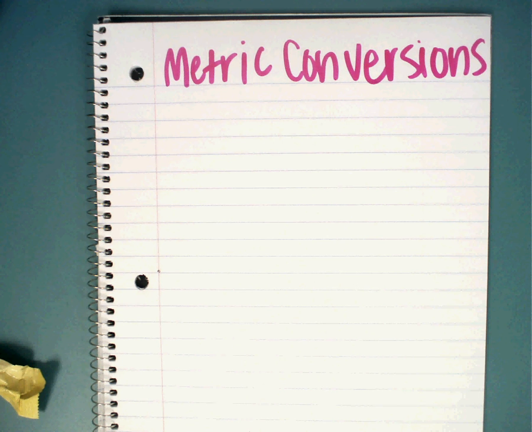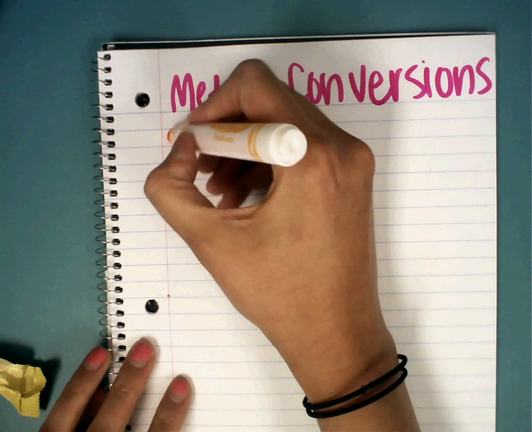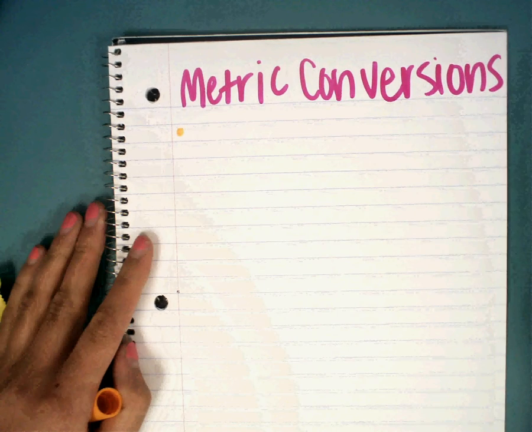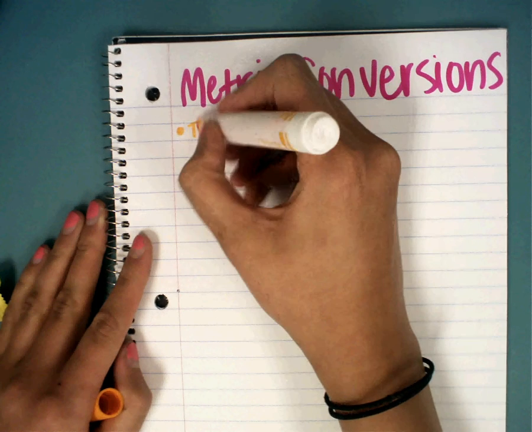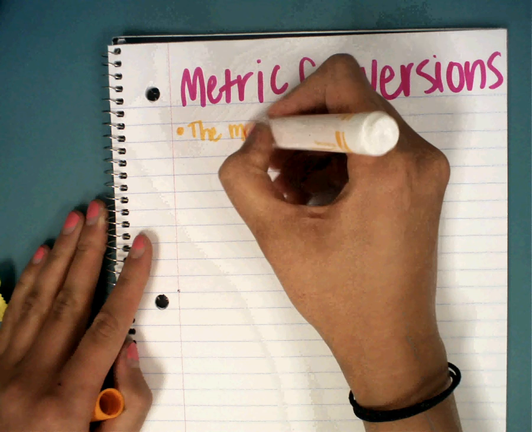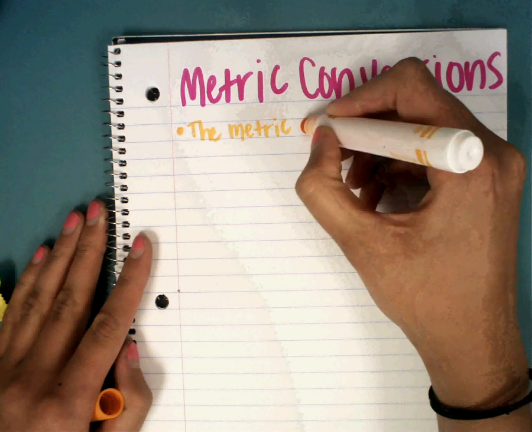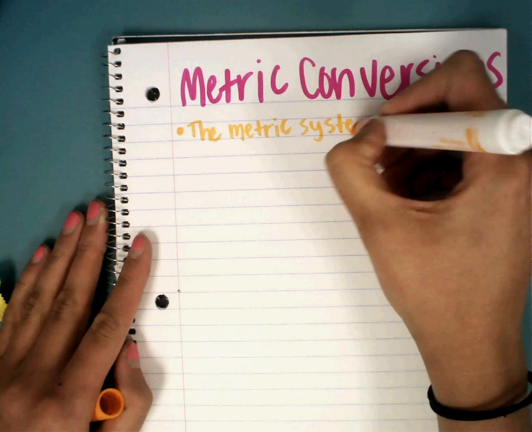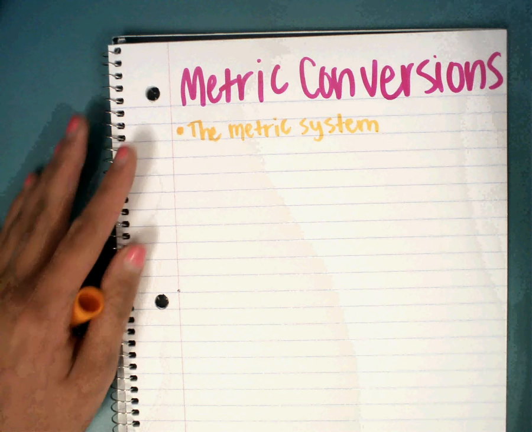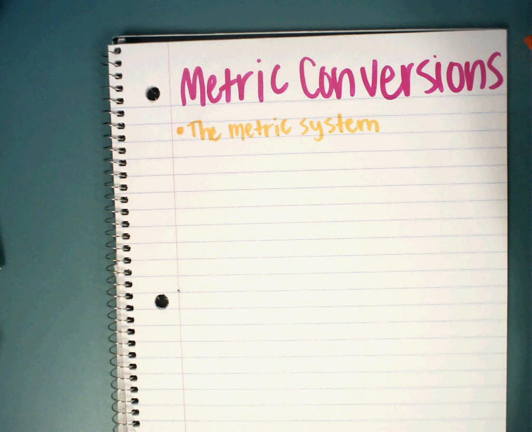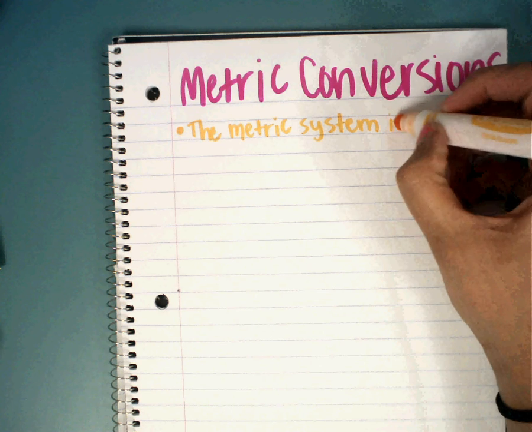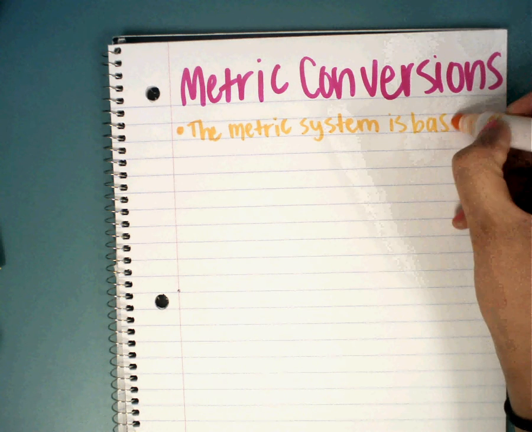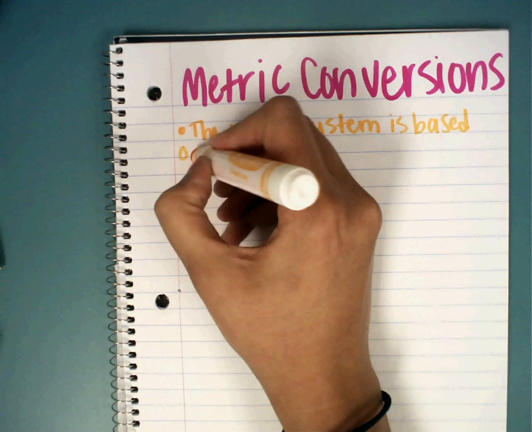So we're going to write underneath here that the first little bubble is going to be the metric system. The metric system is based off powers of 10.